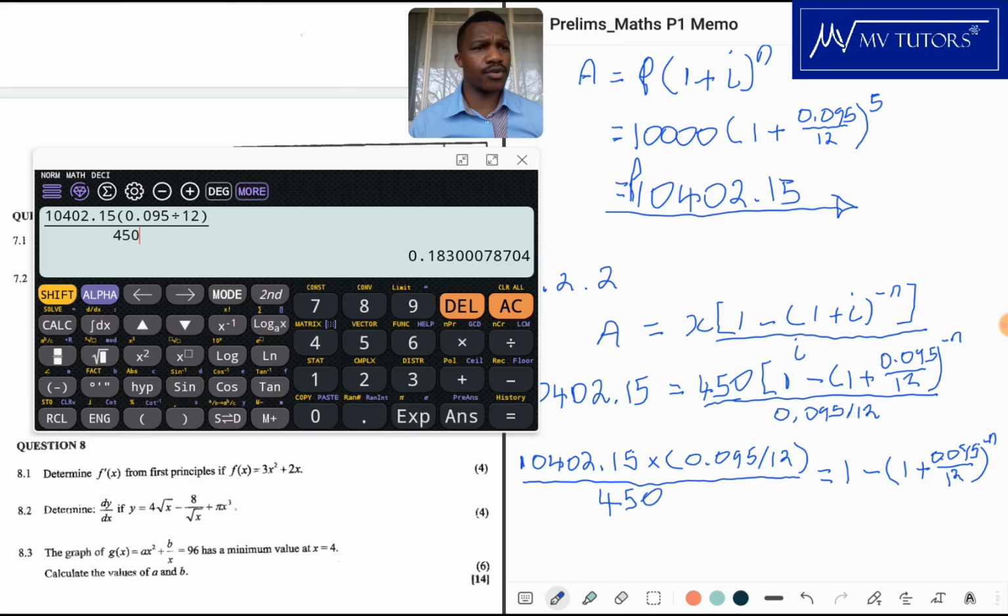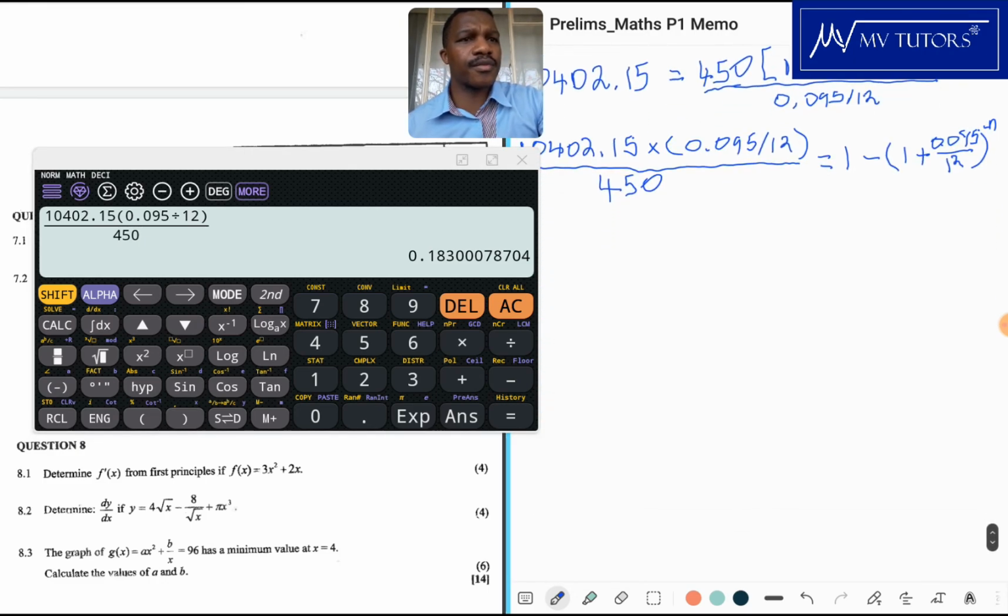And then we'll get that answer. What I want to do at this point is go ahead and subtract 1, because I'm subtracting 1 on both sides. So I'm going to take that answer, let's say equals first, 0.18. You're not supposed to round off during working out.